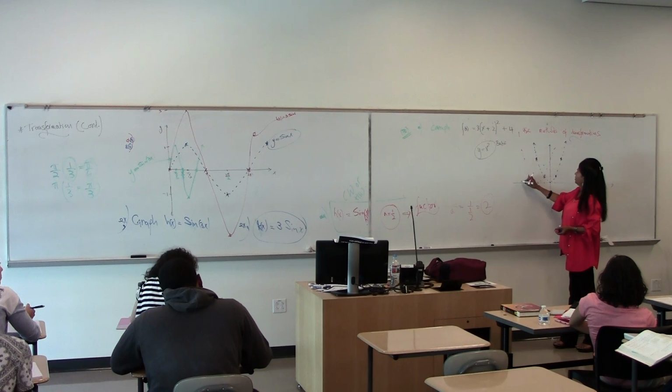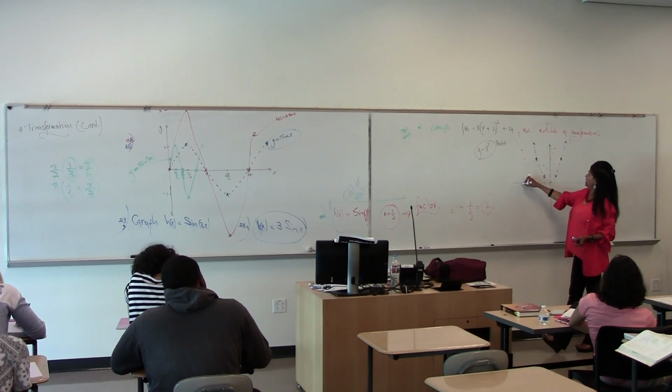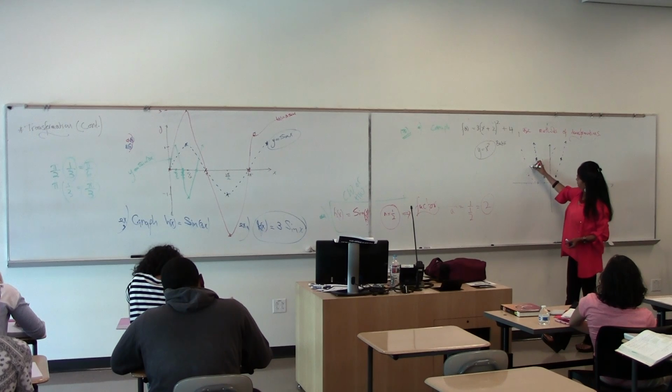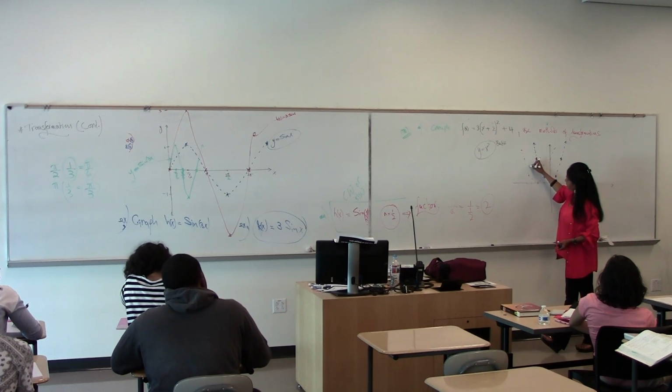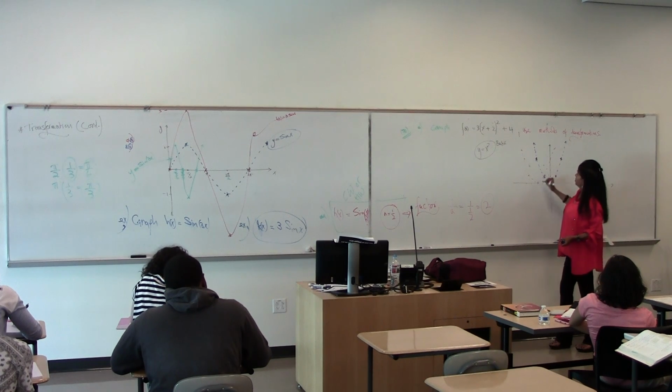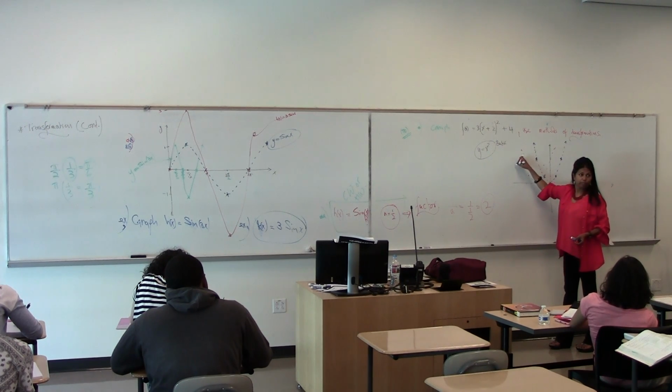This point, y coordinate is 1 multiplied by 3 is 3, and x coordinate is the same, y coordinate is 3. This point, y coordinate is 4, right?